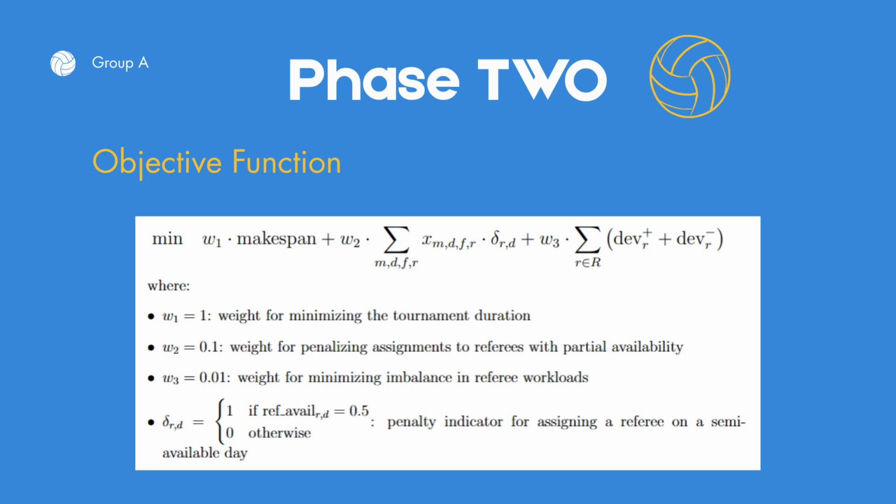Third, we minimize workload imbalance across referees. We use deviation variables to keep referee duties as evenly spread as possible, and assign a small penalty of 0.01 per deviation unit. We also define delta as an indicator. It equals 1 when a referee is semi-available, and 0 otherwise.